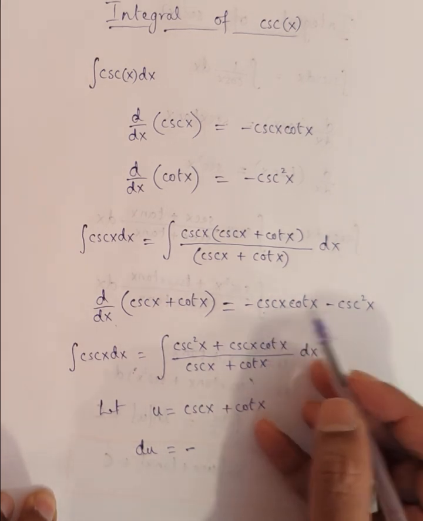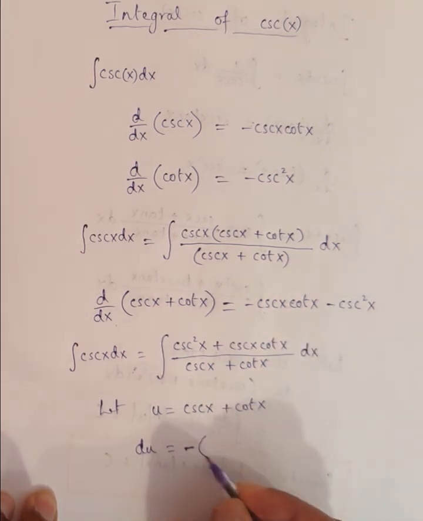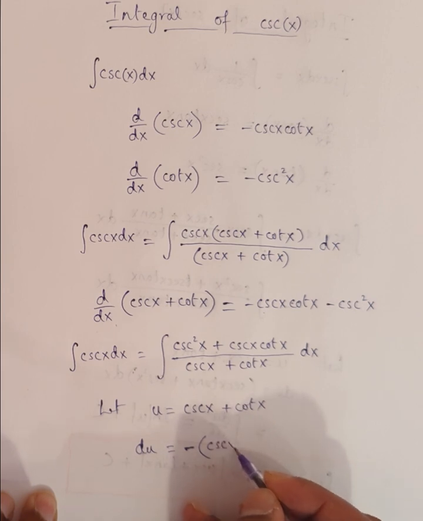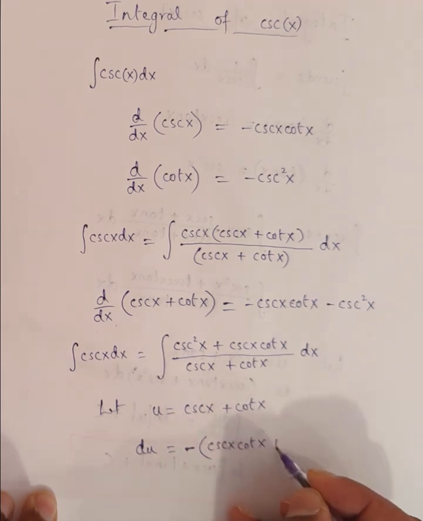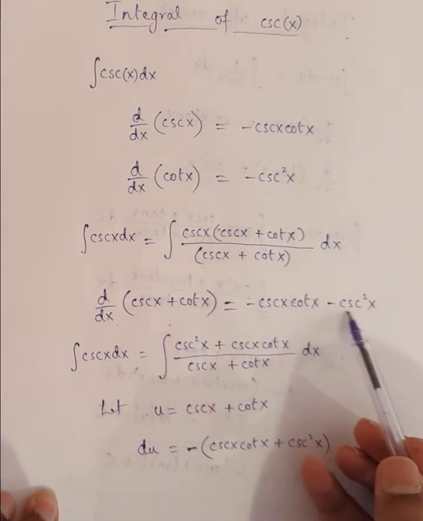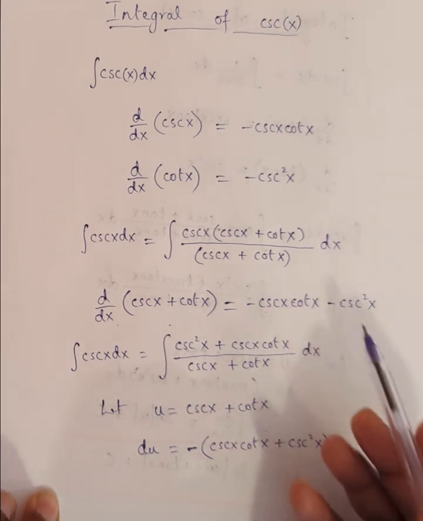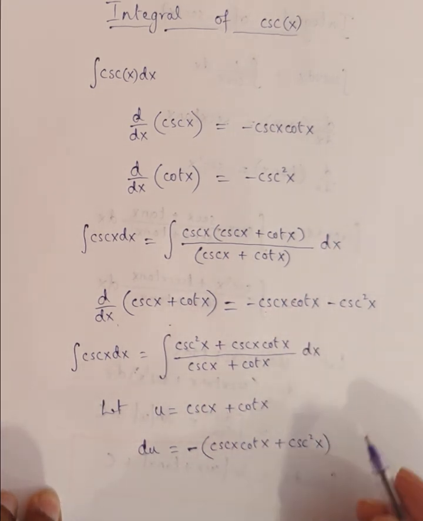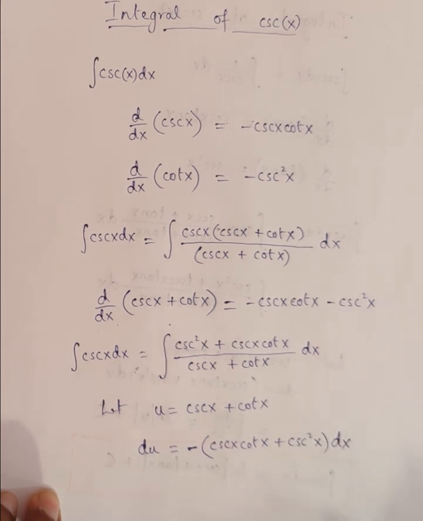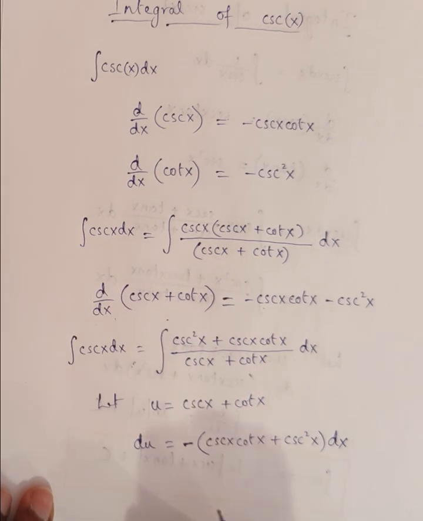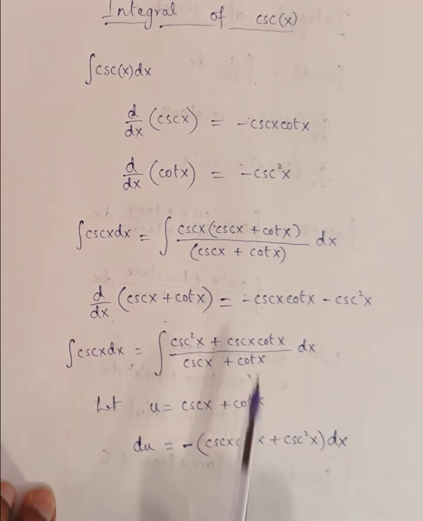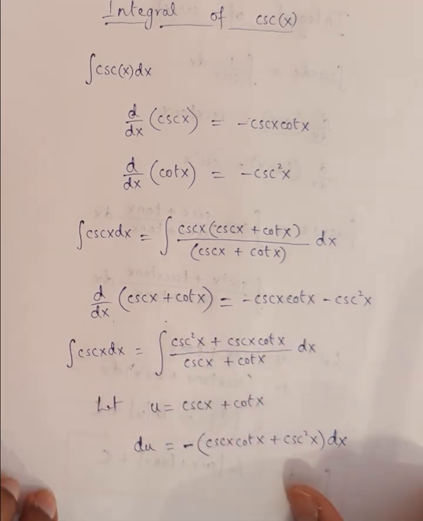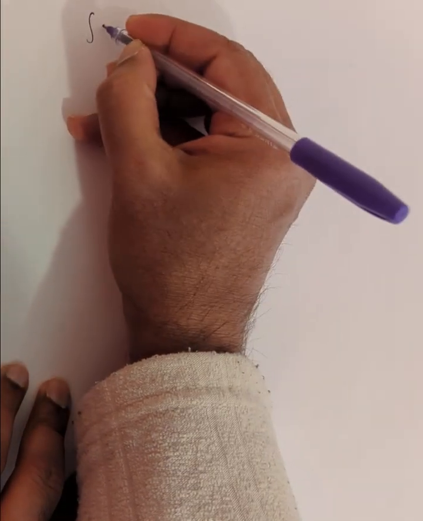Since it's a binomial and they both have a negative sign, let me factor out the negative, and then I get cosecant x cot x plus cosecant squared x, and the derivative is this, so du over dx is going to be this. If I want du, then it's going to be the derivative times dx. So what I really have is the negative derivative. So I can pull the negative out.